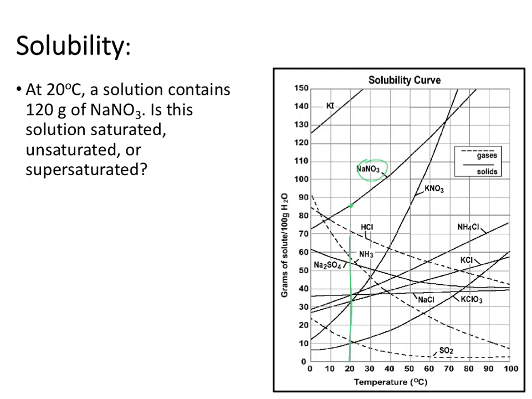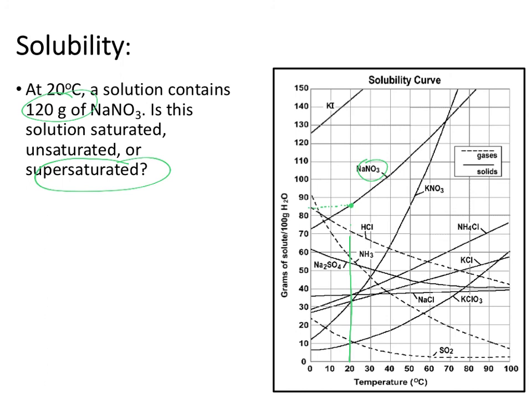Boom. Okay. So I'm on the curve, so remember that's saturated. That's about 85 grams per 100 grams, but they're telling me that they have dissolved, or at least tried to dissolve, 120 grams of sodium nitrate at that temperature value. So if 85 is the saturated point, greater than 85 is going to be supersaturated.